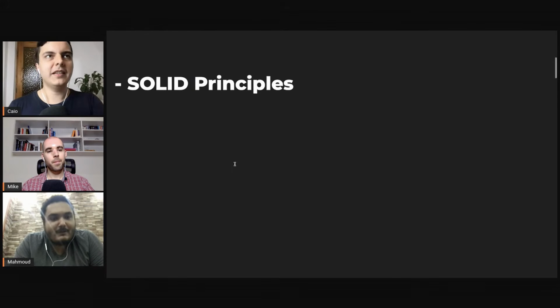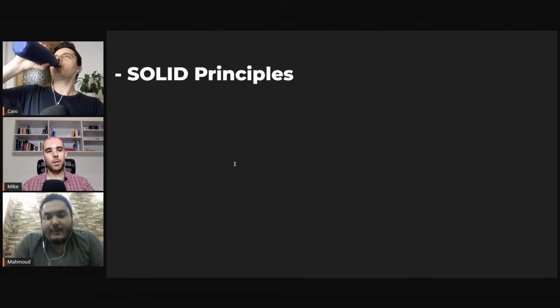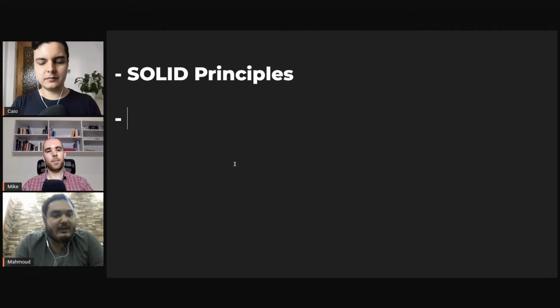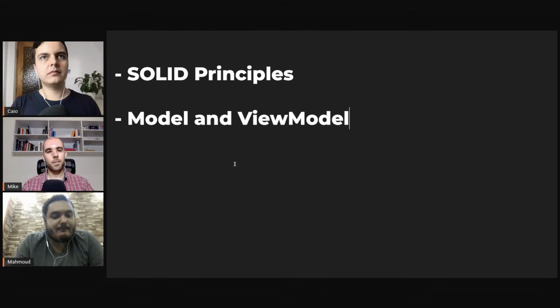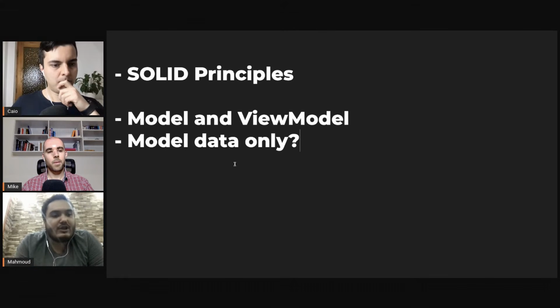Okay, what specifically about the SOLID principles? Yeah, in the SOLID principles, when I make a model and a view model, the model should have only properties to store data, not functions. In the single responsibility principle, there should be only one reason to change a class.